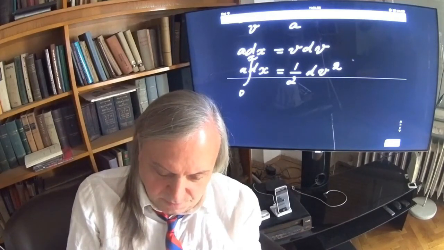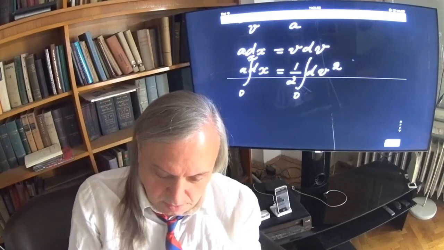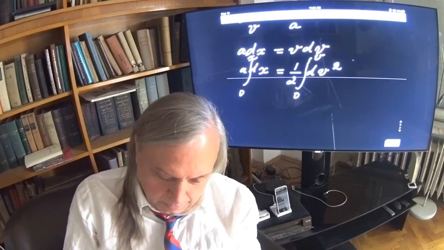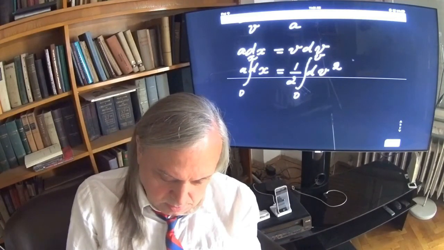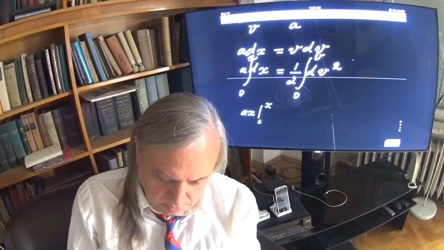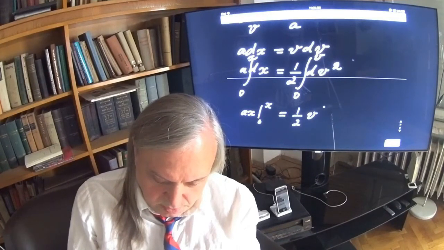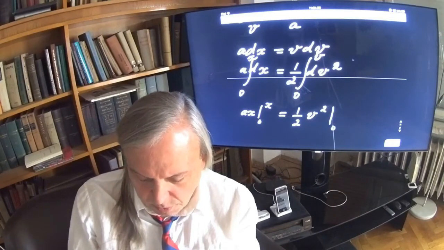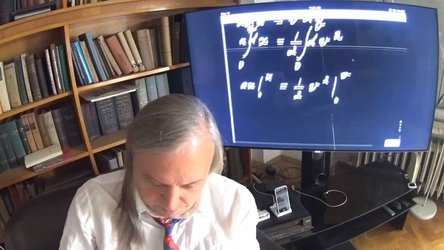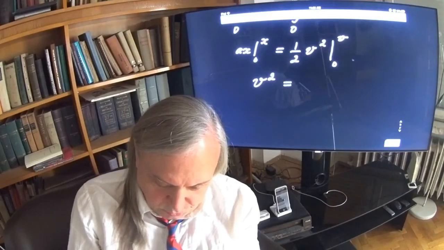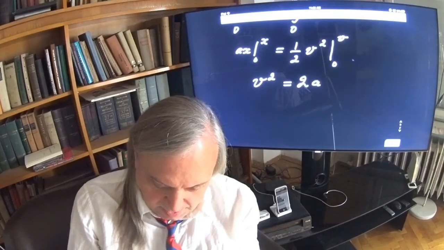And on the right side we have integral from 0 to v, factoring out 1/2, from where we get ax evaluated from 0 to x equals 1/2 v squared evaluated from 0 to v. Finally, we have v squared equals 2 times ax.